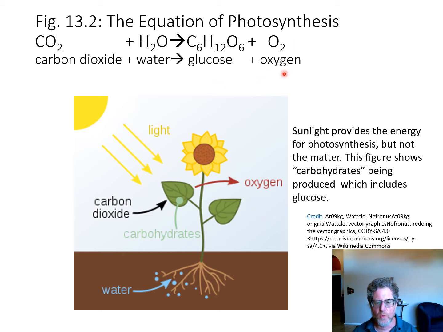We can do lots of chemical reactions, but we can't make living molecules from non-living molecules. Plants are able to do that, and so if we trace back any food chain or food web, it starts with organisms that are autotrophs, organisms that can make organic molecules from inorganic molecules.